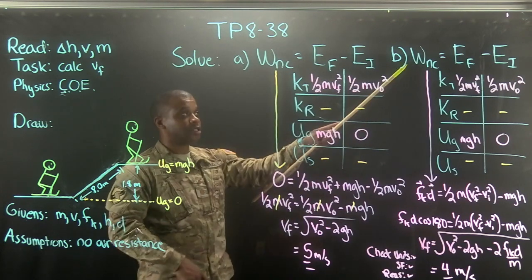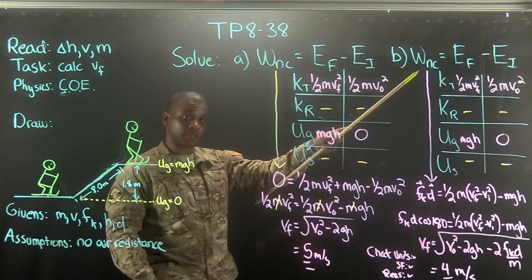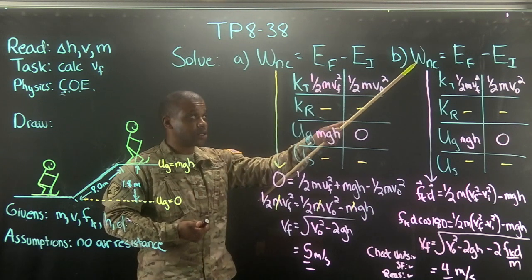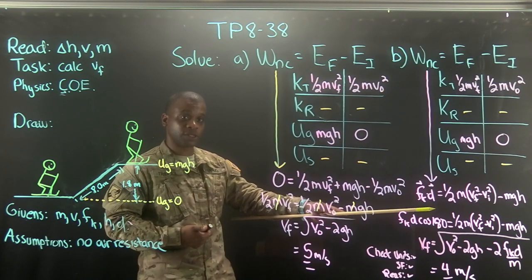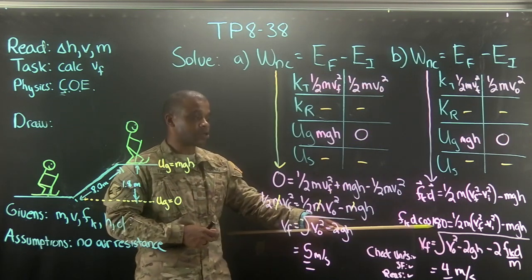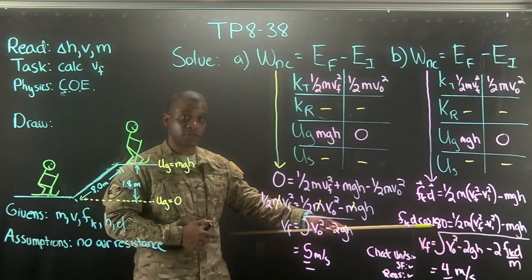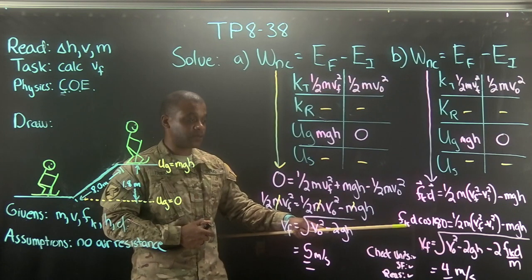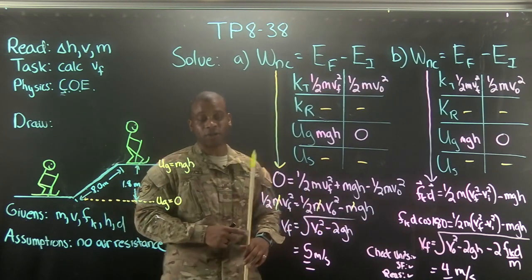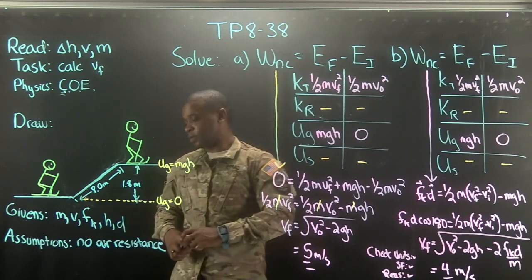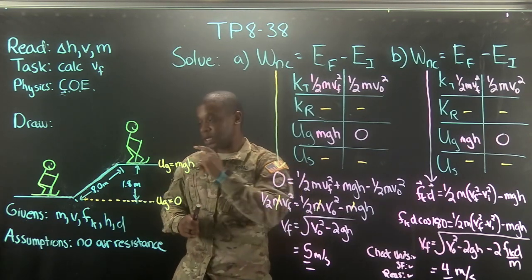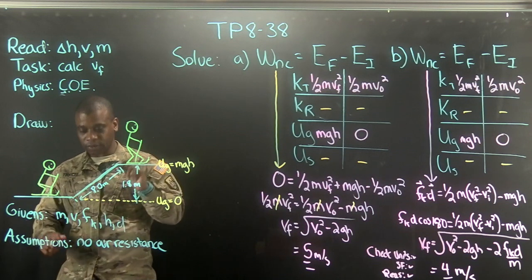In B, I do have work due to non-conservative forces. They told us it was 80 newtons. So now I have the force due to kinetic friction dotted with the displacement, and that resolves when you do the dot product to F d cosine 180. Where do you get the 180 degrees? Well, the 180 degrees is from our picture.